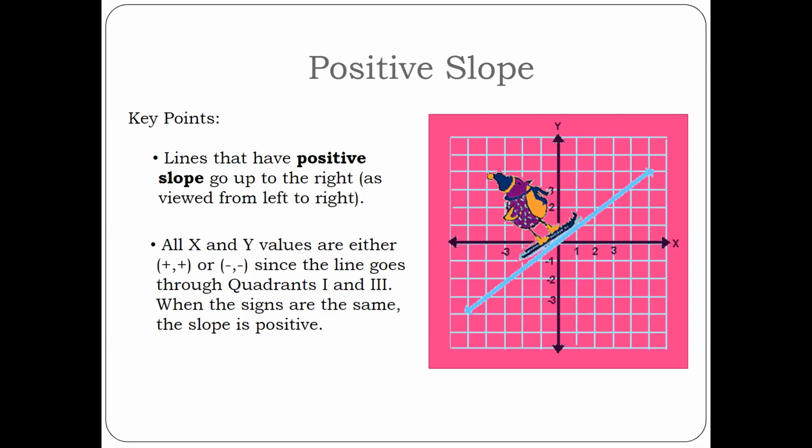Just ignore it. But if you think about our quadrants, everything up in here is positive. Everything down in this quadrant is negative. So if we're going in that direction, if we're dividing positive by positive or negative by negative, what do we get? We get positive. Up to the right, positive slope. That's one of the types of slope.